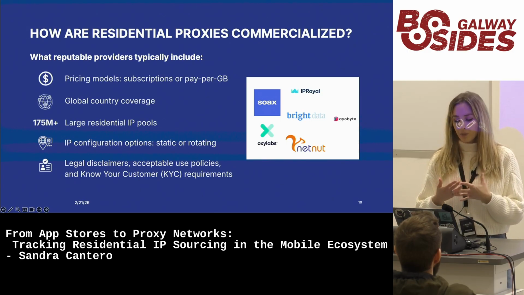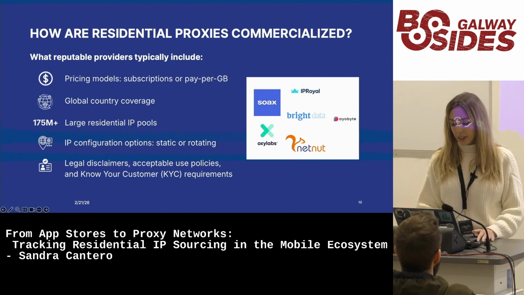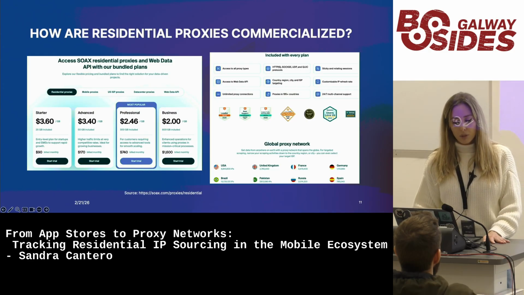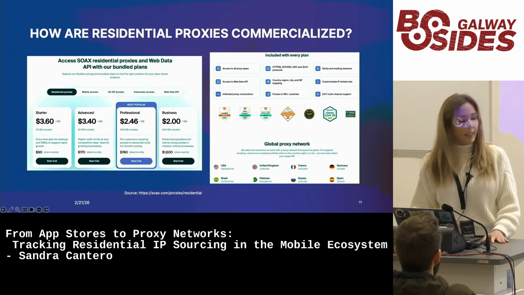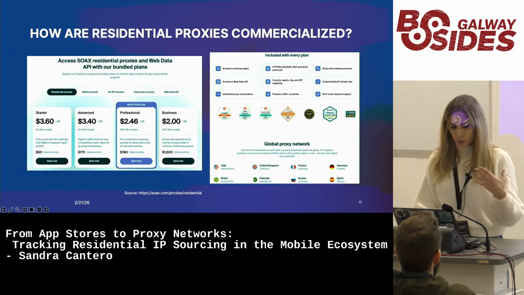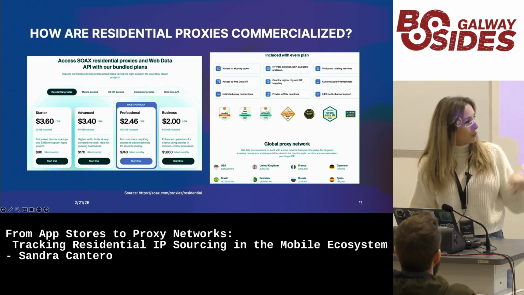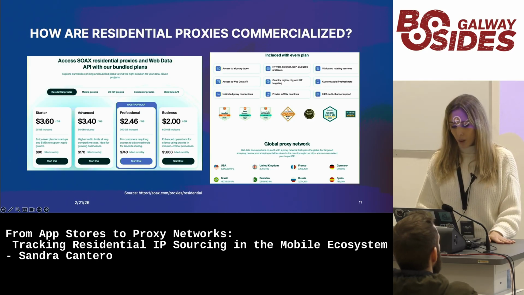So they do some checks because they don't want anyone to use the proxies to commit malicious activities. Here we have an example of SOX, which is one of the reputable residential proxy providers, and here we can see some price plans, and on the right we have the global coverage this provider offers.